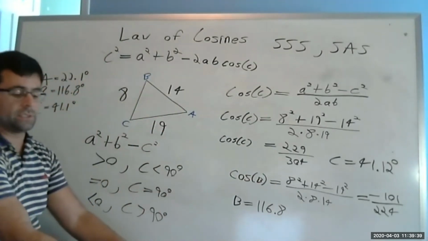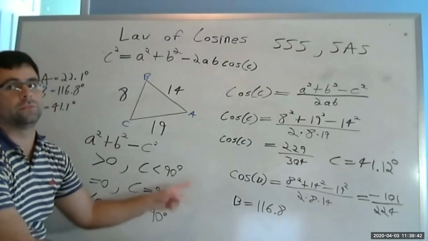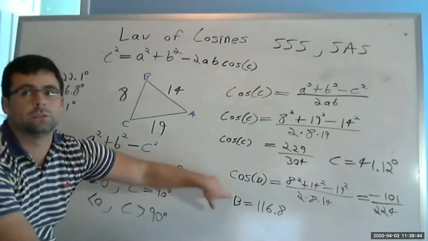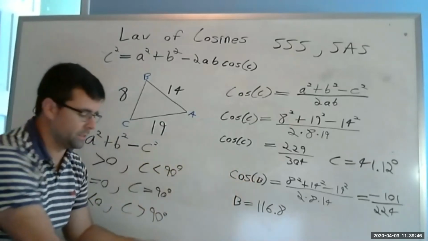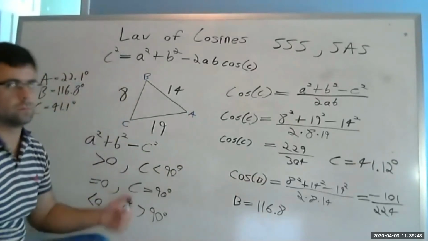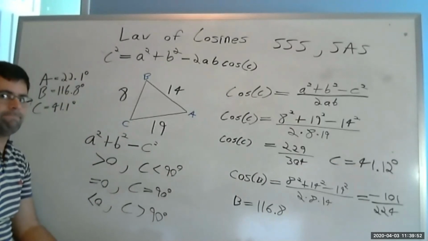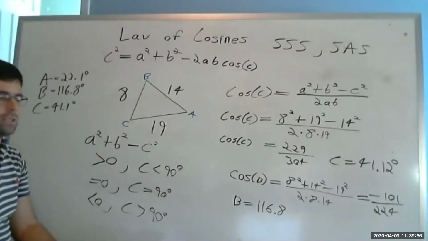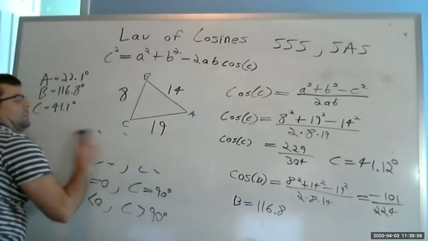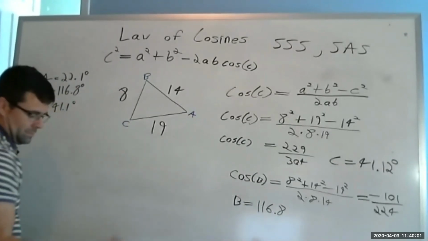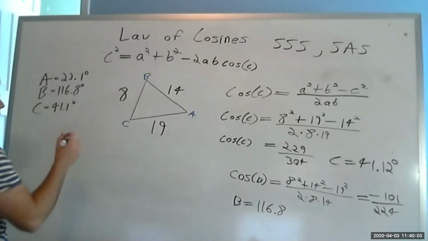But there's an easier way that we could have done angle B instead of going through all that business. We could have just added A and C, and then subtracted the answer you got from 180.